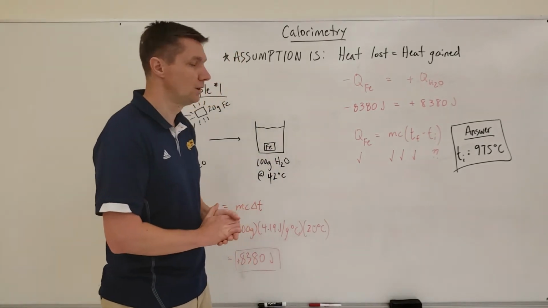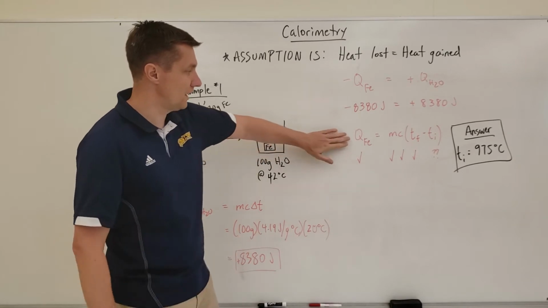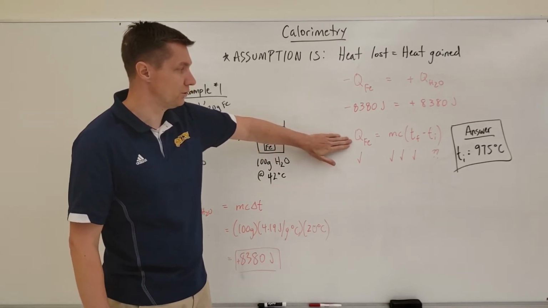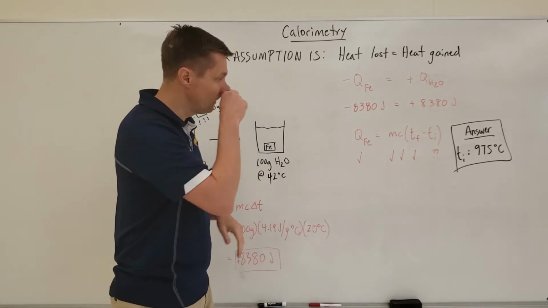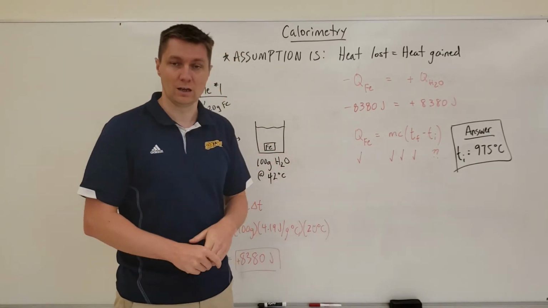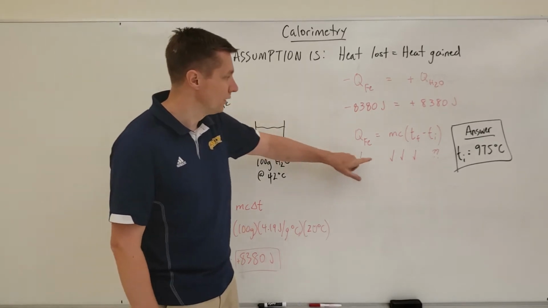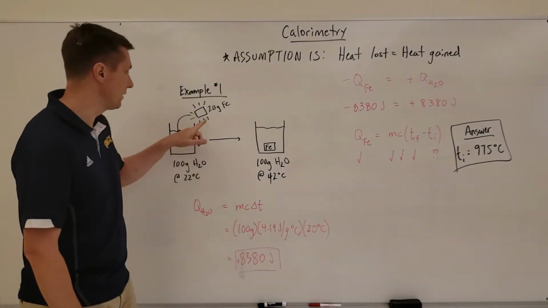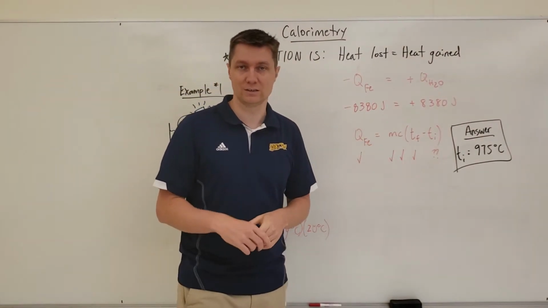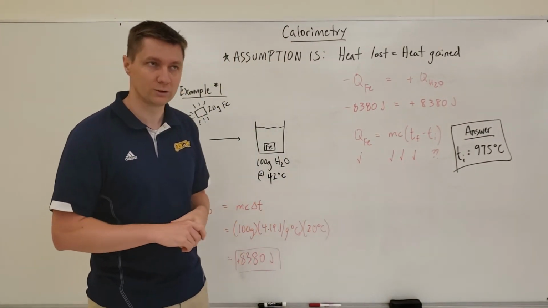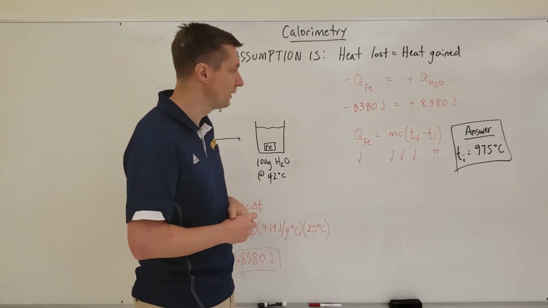For this, I can now use our formula of Q is equal to mc delta T, but this time for the iron. We know what the heat lost by the iron was. We just figured that out in this previous step. We know what the mass of iron is, right here at 20 grams. We know the specific heat capacity of iron is 0.449 joules per gram degree Celsius, found in your data booklet on page 3.